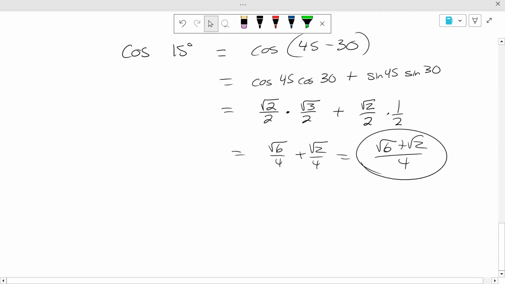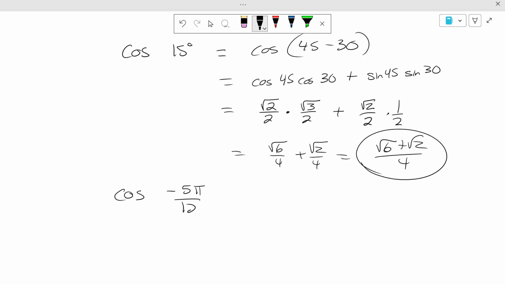Let's do one more like this. What's the cosine of negative 5 pi over 12? Well, what two numbers get us all the way down to negative 5 pi over 12, subtracting? Negative 3 over 12, negative 2 over 12.